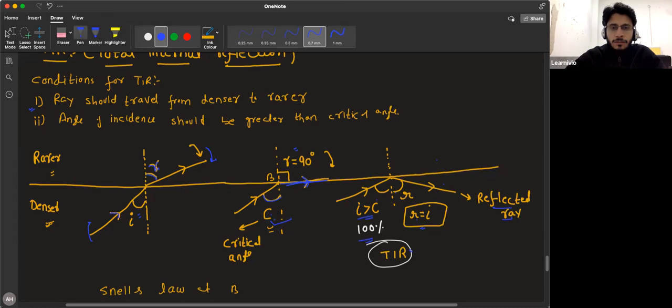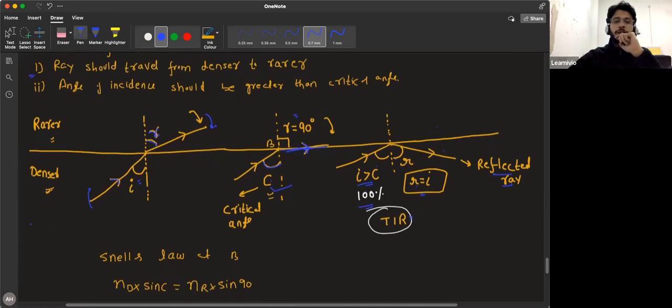What is the angle here? C. Just see. What is the refractive index here? The denser medium, you can write this as ND. So how will you make the equation in product form? You will write ND into sine C, it will be equal to sin I. Sine C, right?